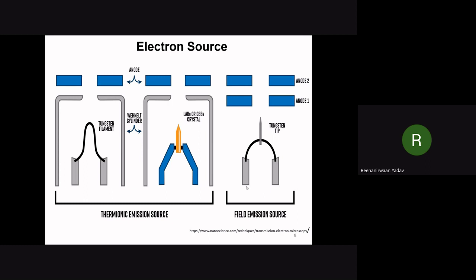It has a very fine tip and leads to generation of a very coherent beam with much less energy spread as compared to lanthanum hexaboride or tungsten filament. But the main reason not every microscope has one is that it is much more costly and needs much more maintenance. Next slide.